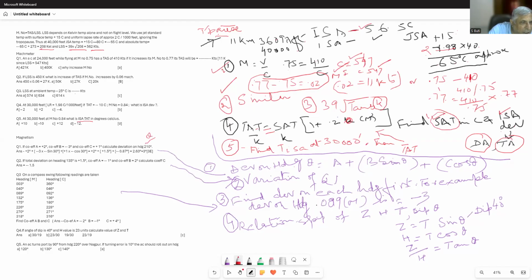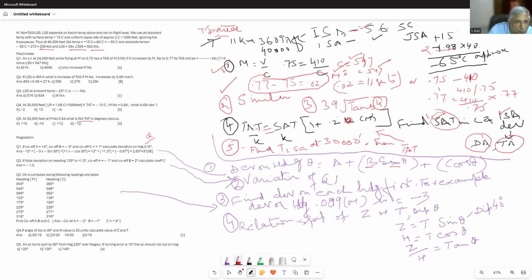A plus B sine theta plus C cosine theta. Is the value of B plus or minus? Is C plus or minus? And solve this. Similarly, A could also be plus or minus. Like in this question, you see the A value is minus.